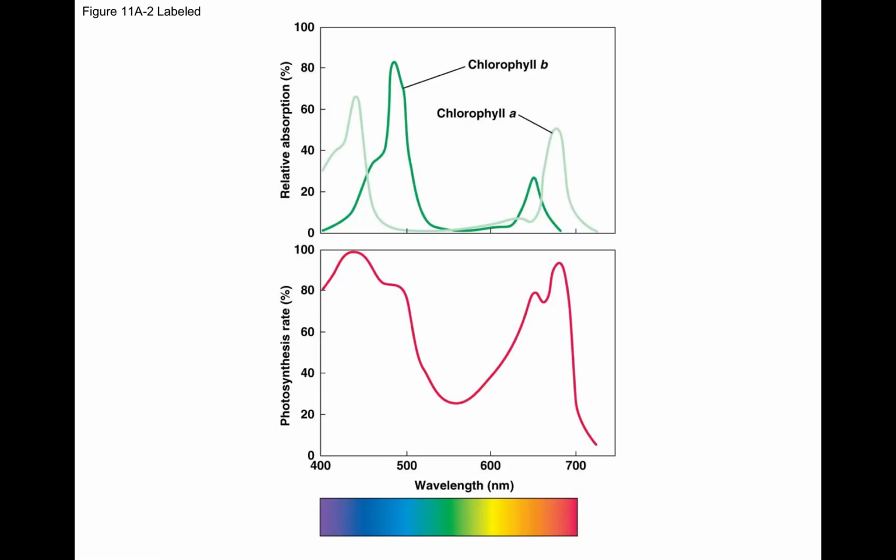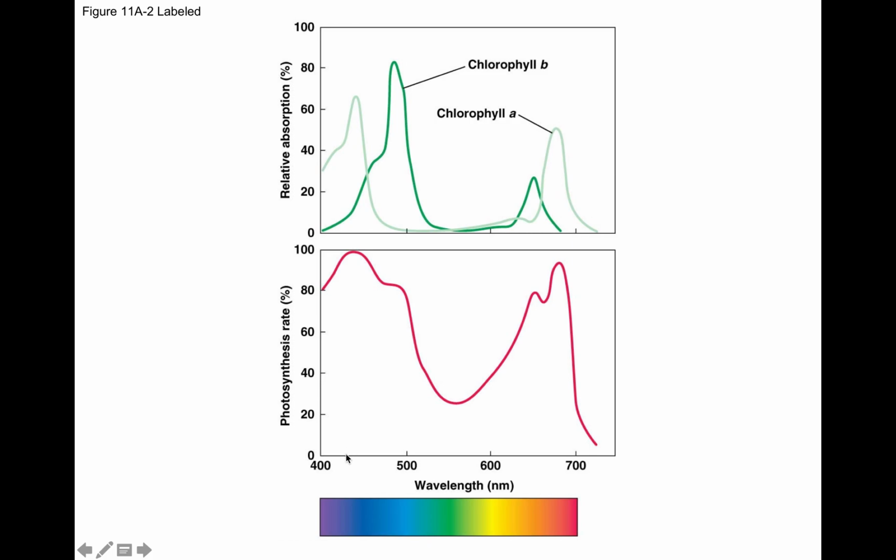If you look at the ability of different chlorophyll pigments and non-chlorophyll pigments to absorb light, and you put extracted chlorophyll in a spectrophotometer and you tune the spectrophotometer to 400 nanometers, and you say, okay, how much light can you absorb at 400 nanometers? In the case of chlorophyll B, that's not much.